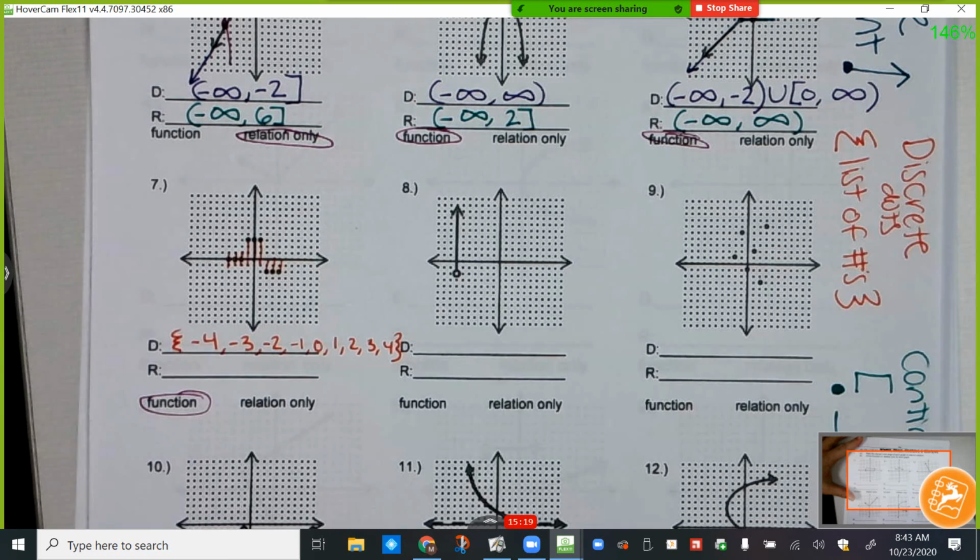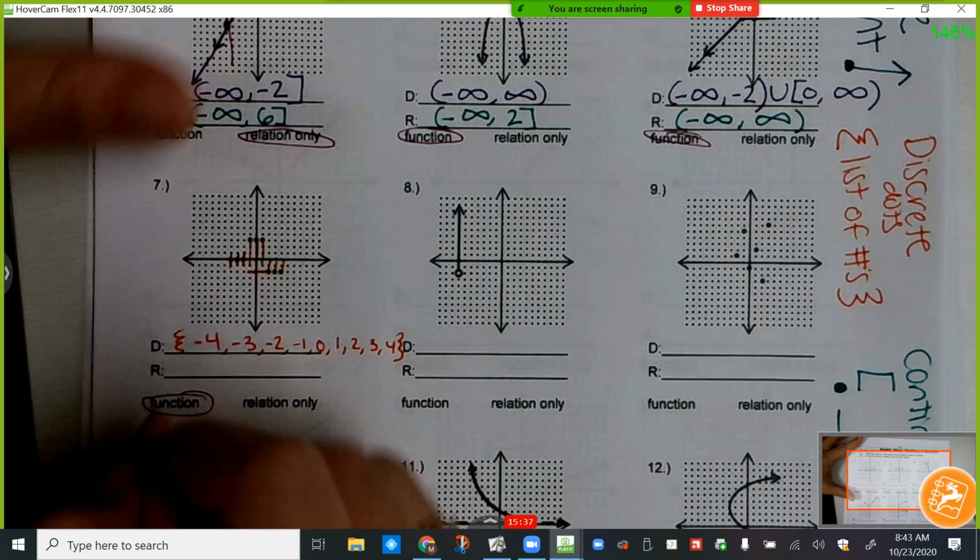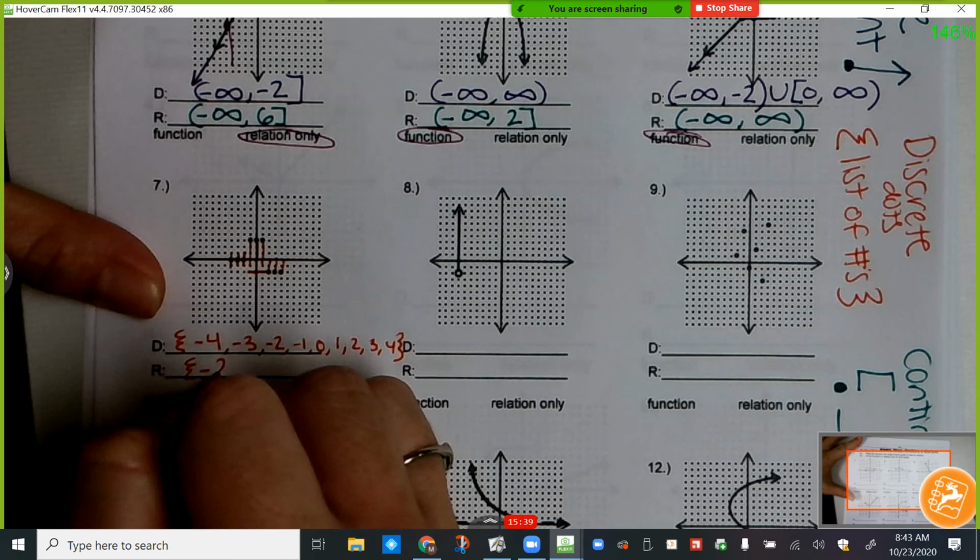Now, one thing we didn't really do yesterday, but we talked about how with domain and range, especially with discrete, well, only with discrete, you don't list numbers more than once. So looking at our height, what's the lowest these points are? -2. How many points are at that height? 3.